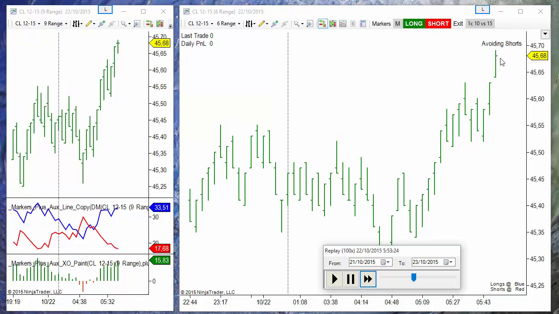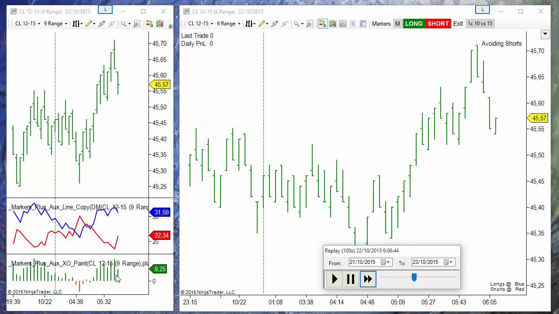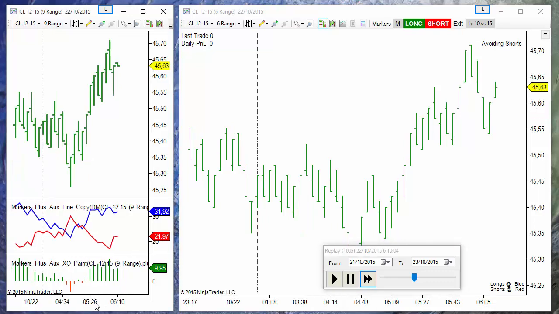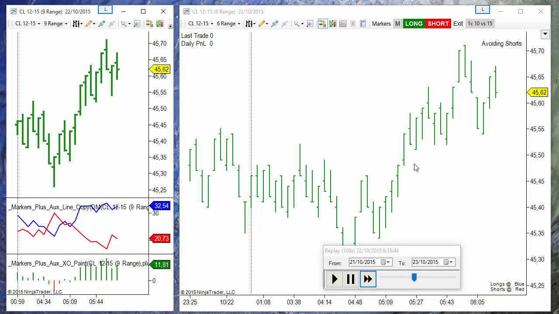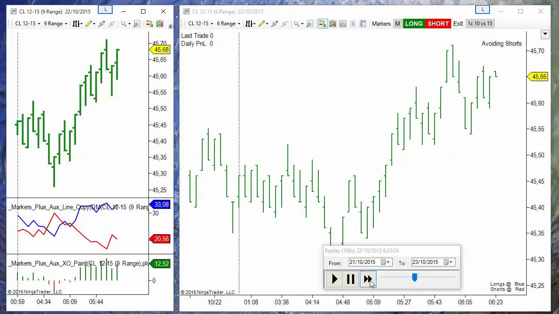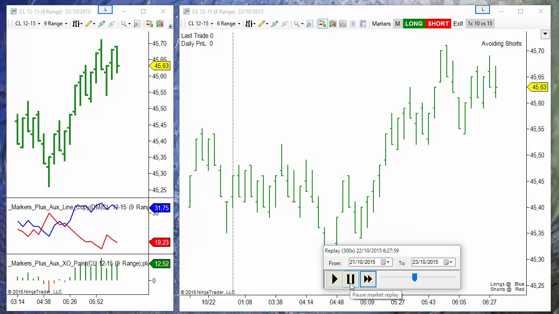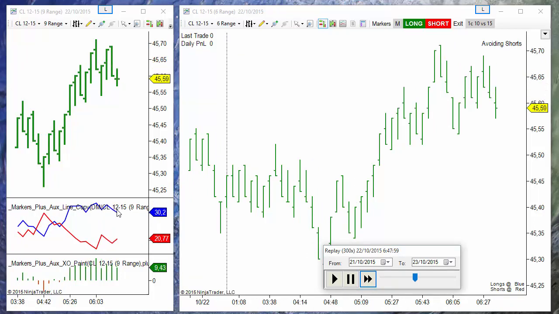Remember that this is a different chart from this other, but it is using a filter calculated on a second time frame. We can see how in real time, when this is negative, it will be avoiding longs. We need the red line crossing above the blue.